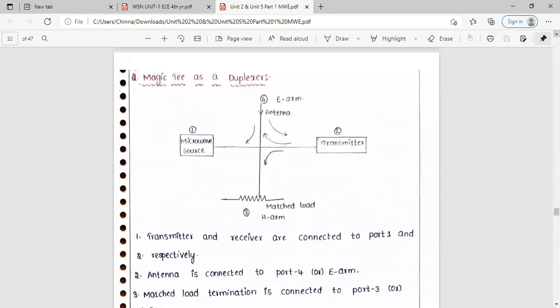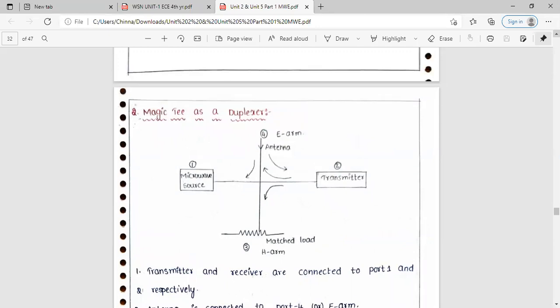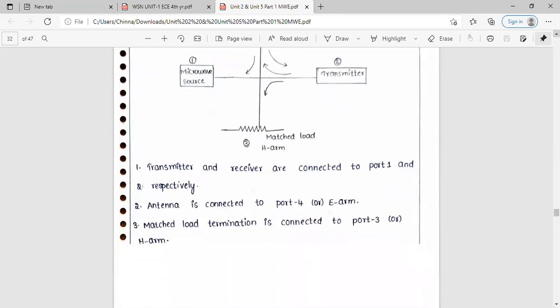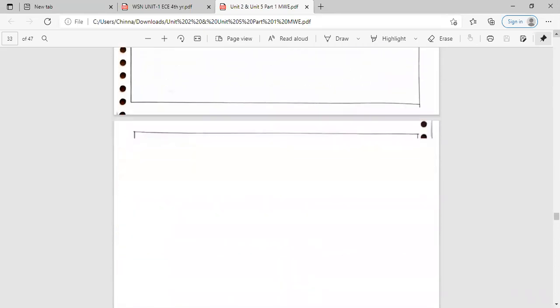It is used for measurement of impedance. The magic tee acts as a duplexer and as a mixer. The magic tee can be used as a mixer to add two signals. It functions as a duplexer: it transmits the signal and receives the signal, both operations are done. And the magic tee will also identify the unknown impedance, that is, measurement of the impedance. These are the applications of the magic tee, where it will be used.